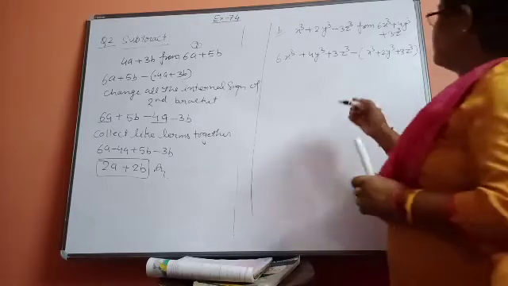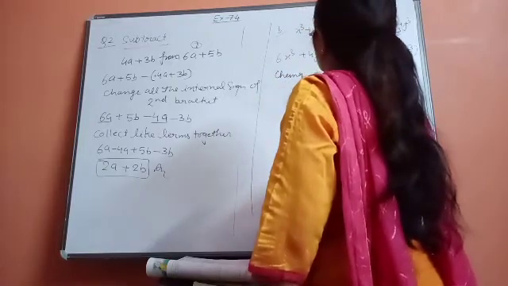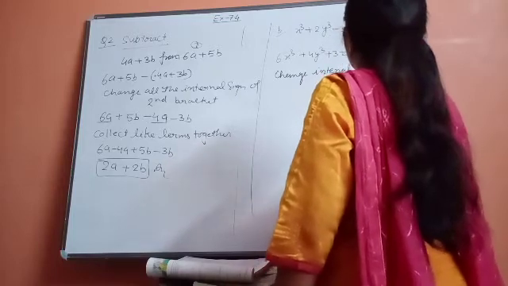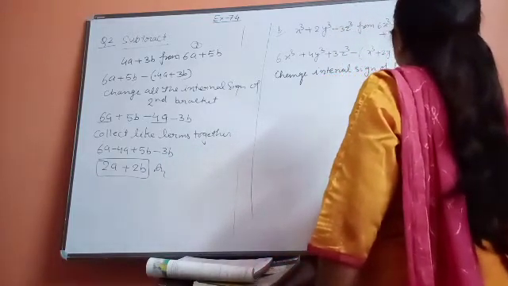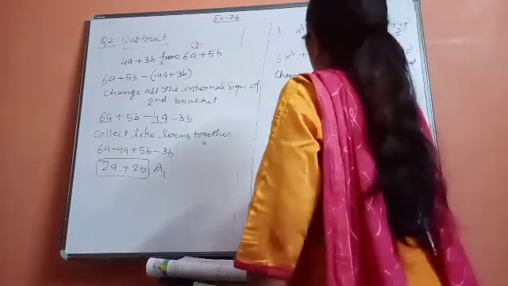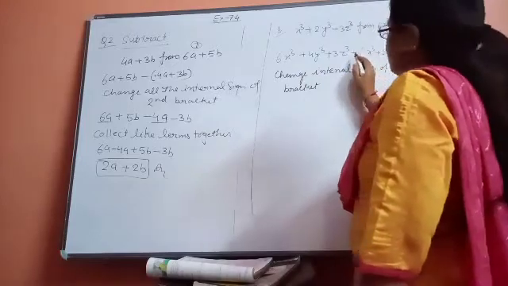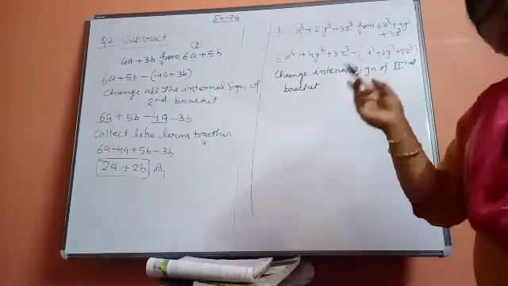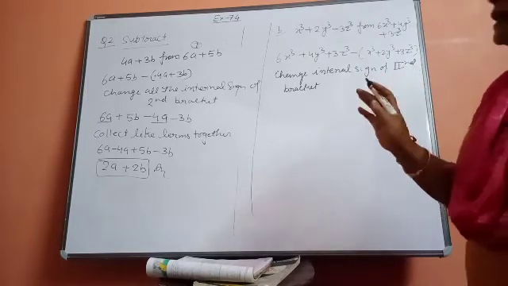Okay, now see that, beta. What will we do? Change the internal signs of the second bracket. Why are we changing the internal signs of the second bracket? Because if the minus sign is outside the bracket, in that case all the internal signs of the bracket will be changed.